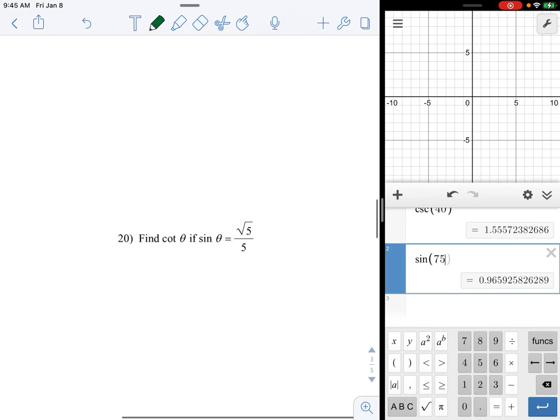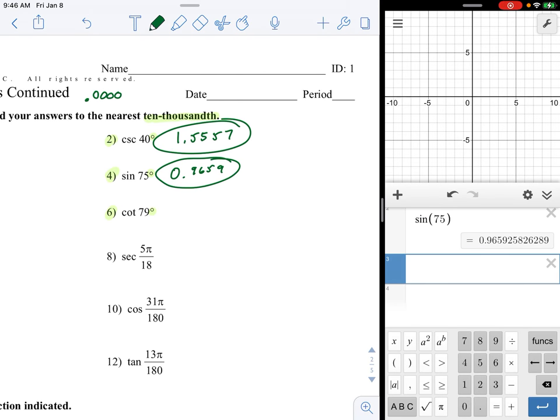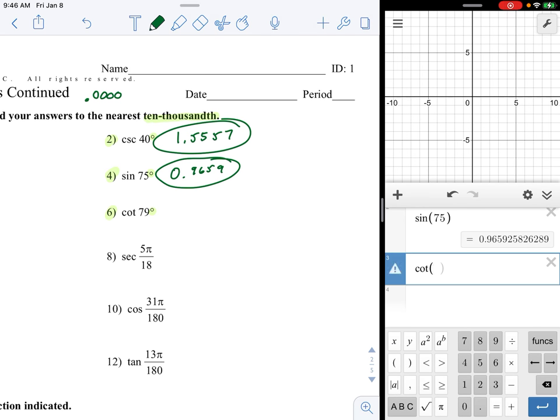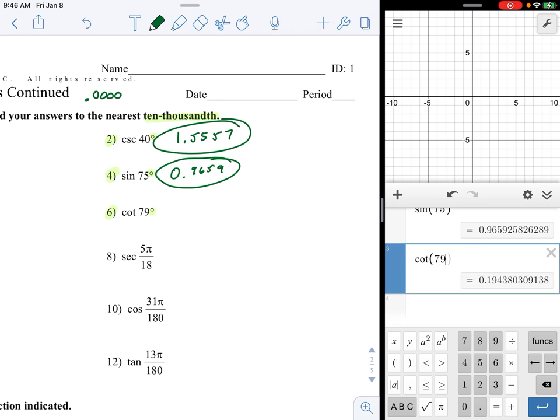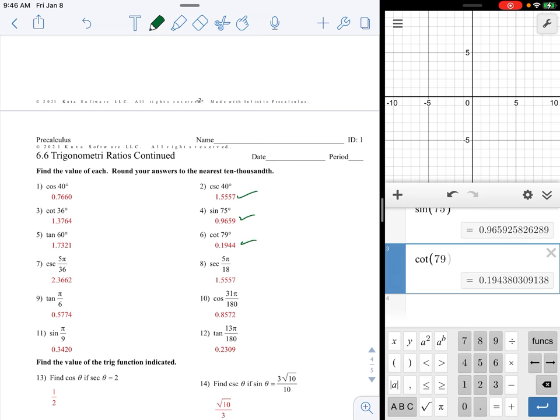So just going along nicely. Number 6, cotangent 79 degrees. So function, cotangent is at the very bottom left, 79 right here, 0.1944. That 3 is going to round up to a 4. And there you see the answer.